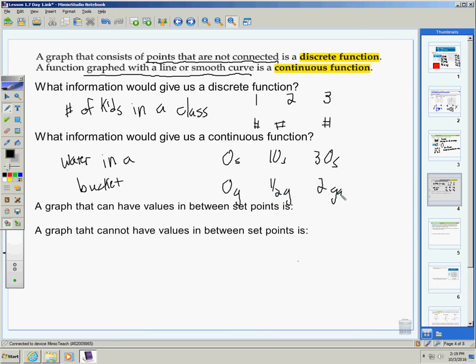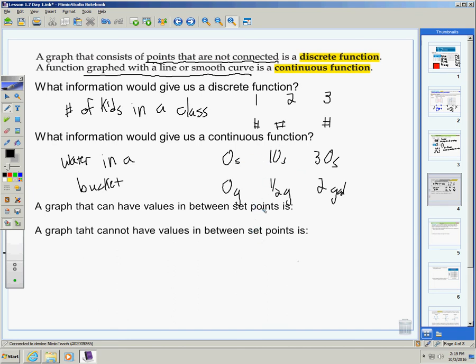And obviously at some point there was time in between 0 seconds and 10 seconds. So it would make sense for me to have these all connected because I did pass through 5 seconds at a time. You could have 9.5 seconds. It makes sense for these to be connected.